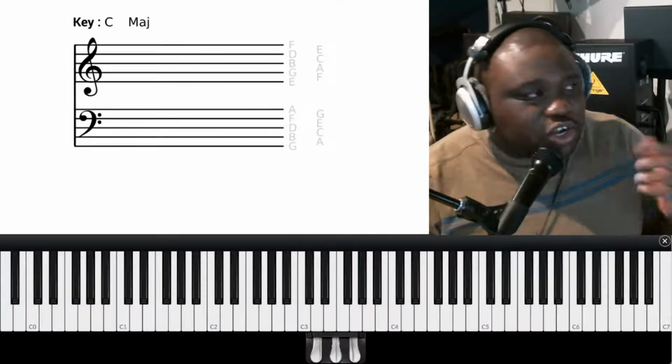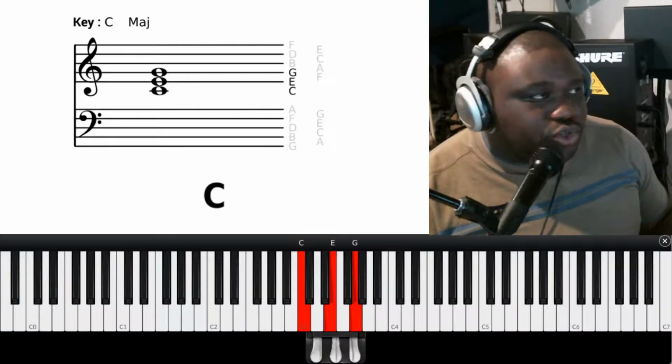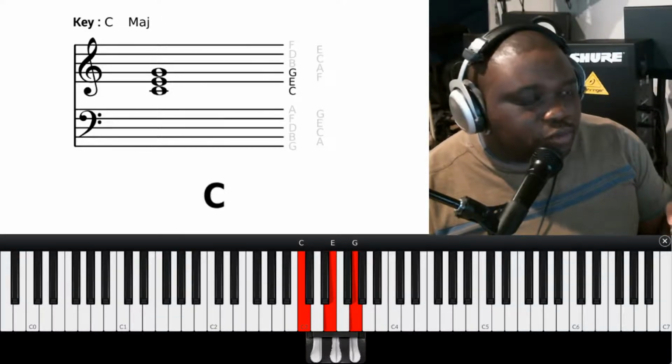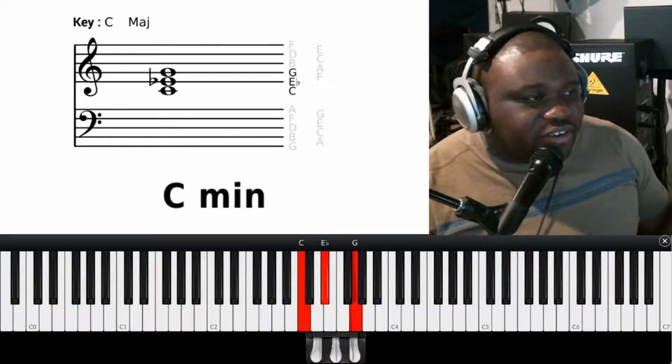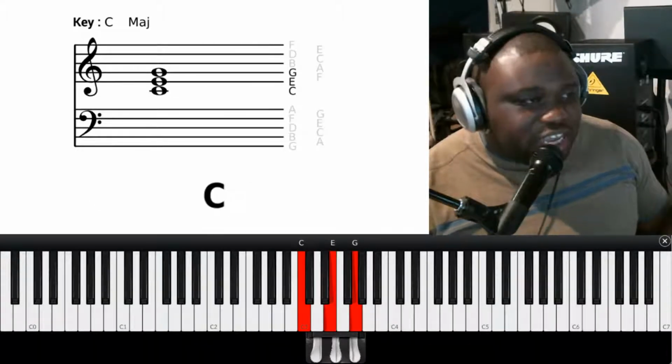Okay, so the concept of the sus2 is this: you have your root chord. First find your root chord, and then basically go a whole step down from the middle note. Just like how we do minors: a minor is a half step down from the middle note of the triad. Same concept.